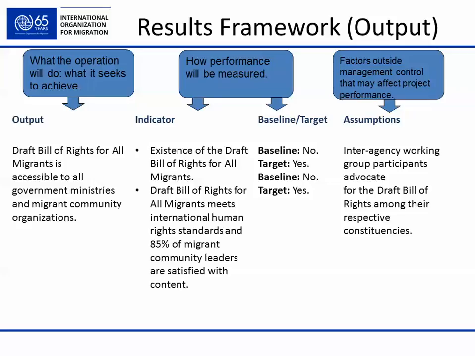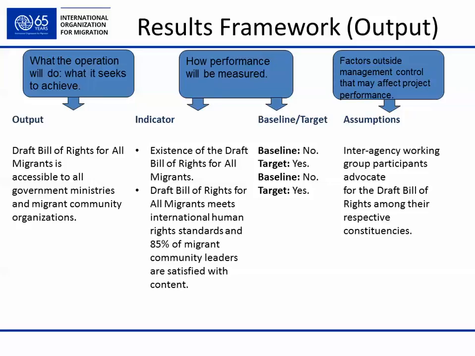What we seek to achieve: we plan to prepare a draft bill of rights for all migrants that is accessible to all government ministries and migrant community organizations. Our indicator is the existence of the draft bill of rights for all migrants. No at the beginning of the project, yes at the end.